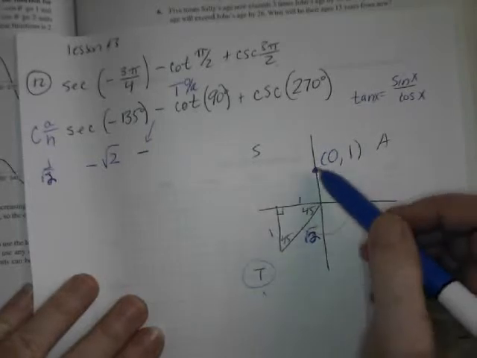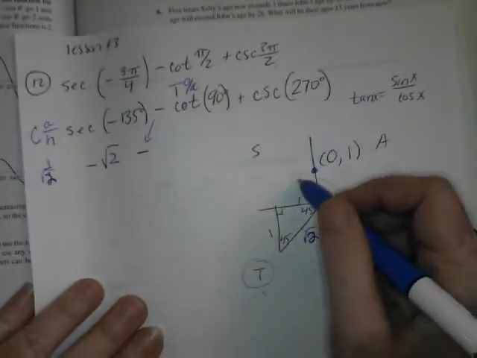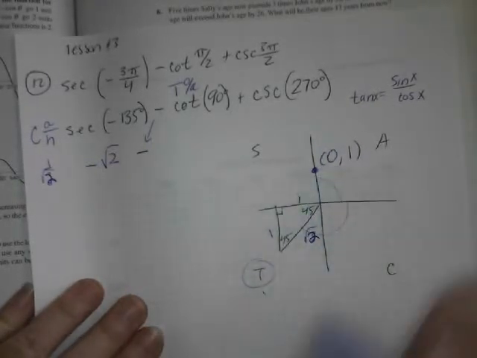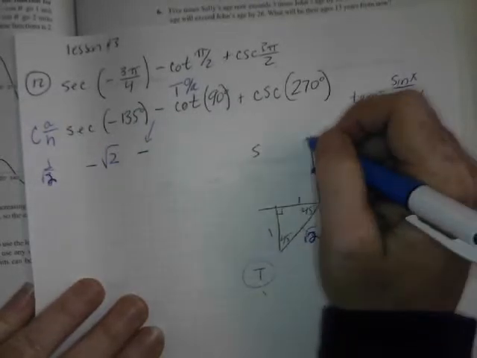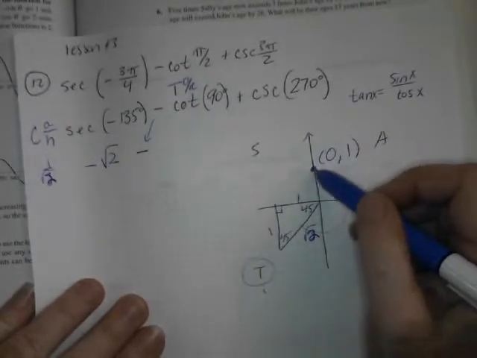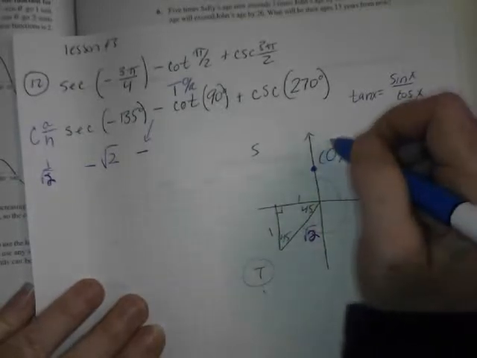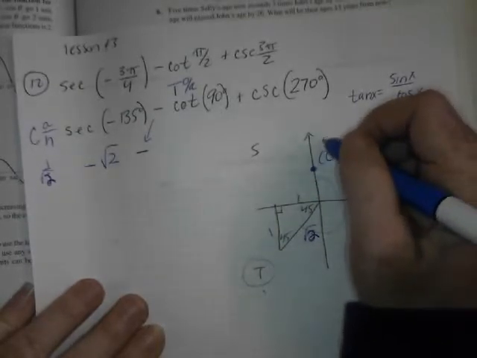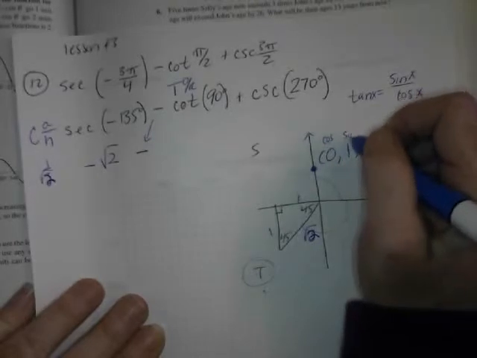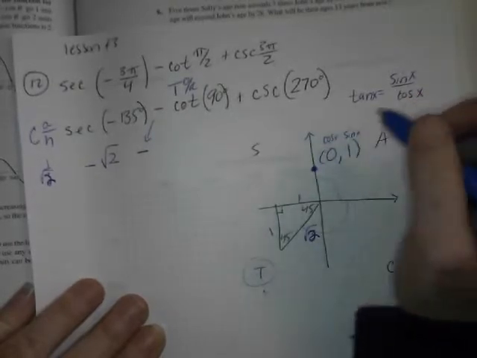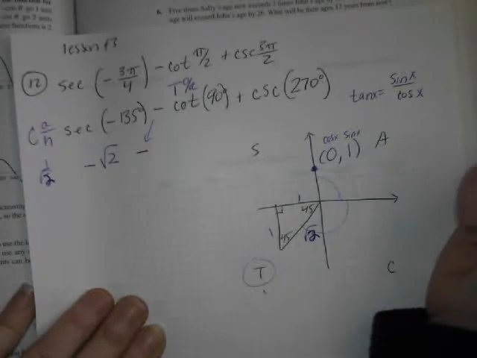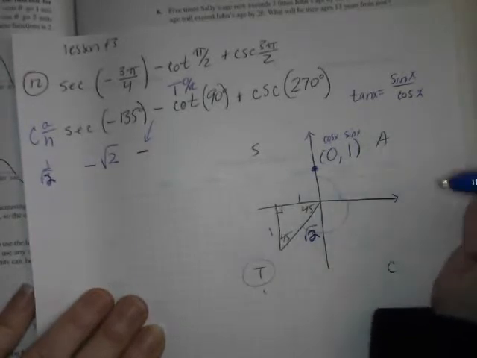Okay, so why did I put a dot right there? Because this is a unit circle, and that's 90 degrees right there. There's X and there's Y. This is cosine, and this is sine. Did you guys know that? Cosine kind of goes with X, and sine goes with Y.